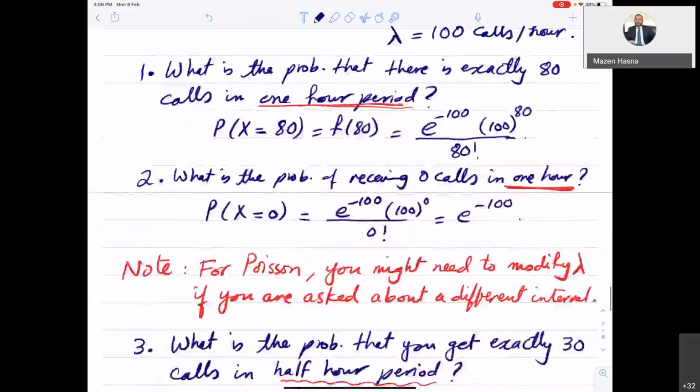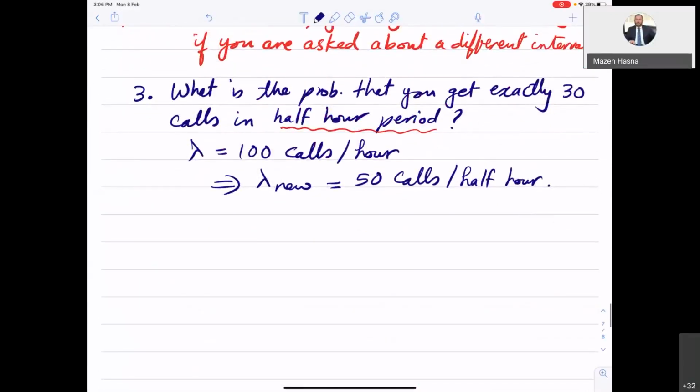That's why we can modify the average according to the length of the interval we are interested in. So in this case, my new lambda is 50, and I'm asking about the probability of x equals 30: e to the minus 50, 50 to the 30 over 30 factorial.